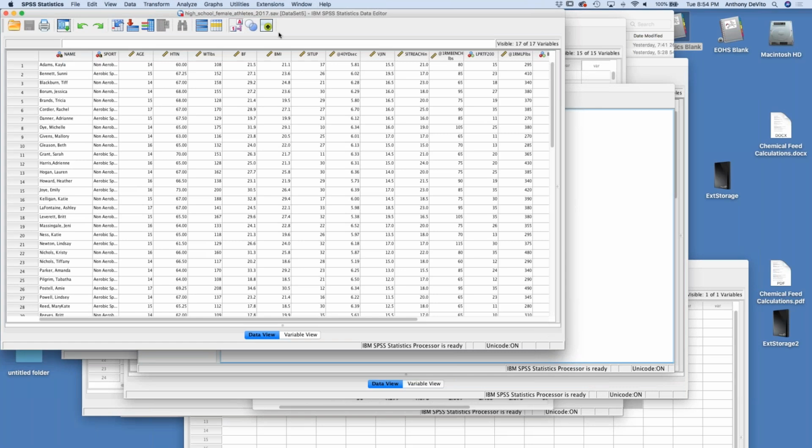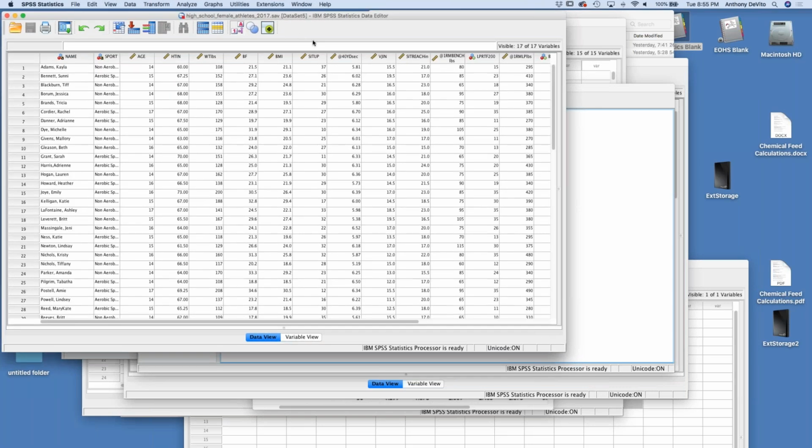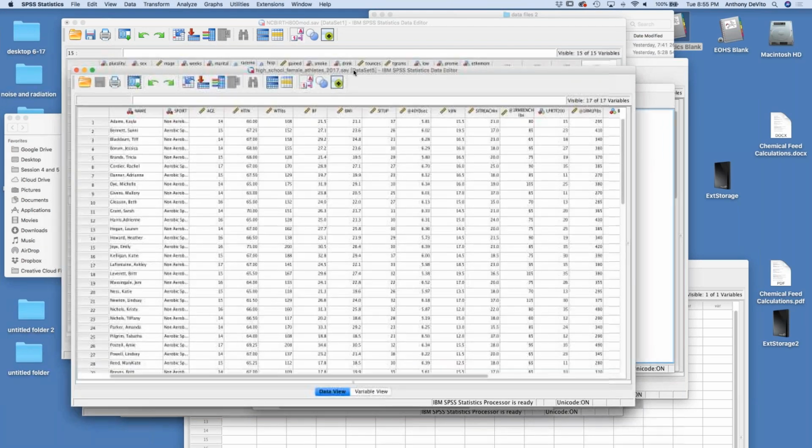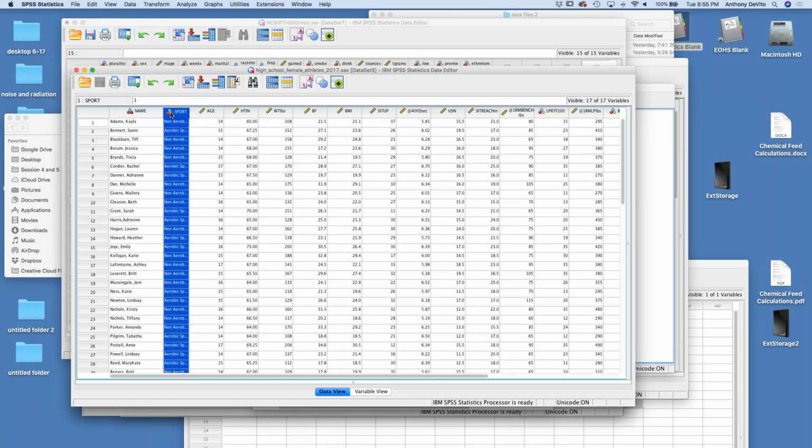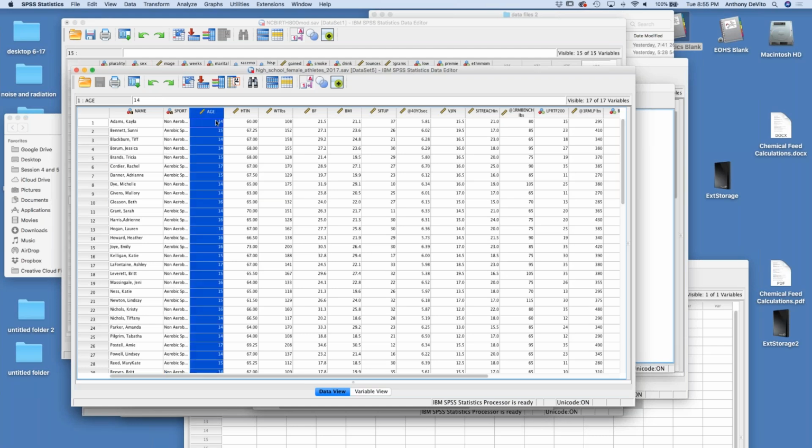Okay, so here is a data set of information about female athletes. Here's this named nominal variable, sport. Notice that it has the symbol for nominal variables, identifying the sport as aerobic or non-aerobic, the age of the participant, the height, the weight, the body fat, the BMI, number of sit-ups they can do, and so forth.